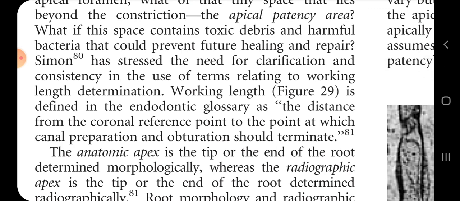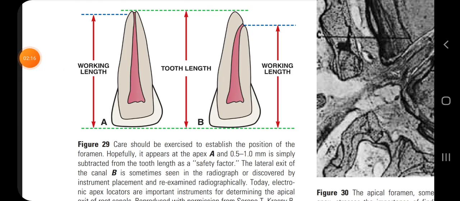should terminate. As figure 29 shows, care should be exercised to establish the position of the foramen. Hopefully it appears at the apex A, and 0.5 to 1 mm is simply subtracted from the tooth length as a safety factor.